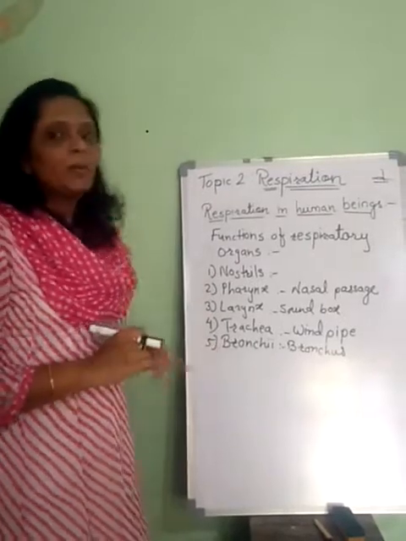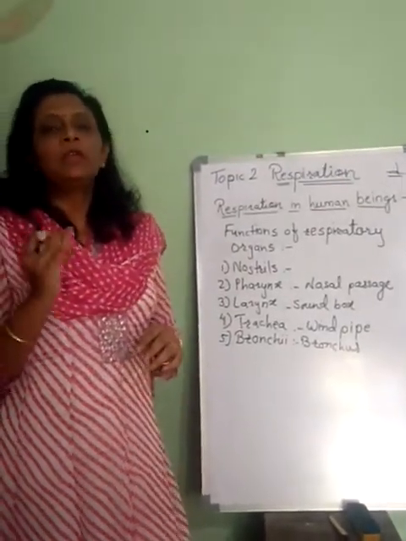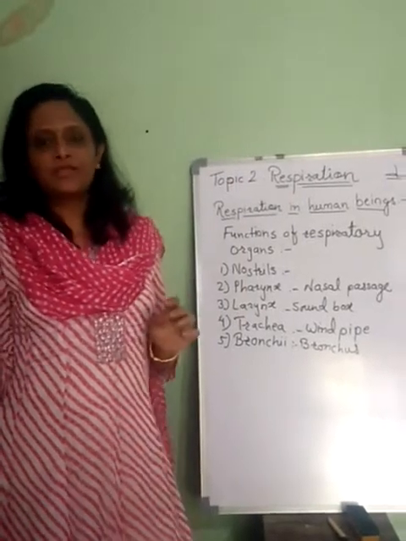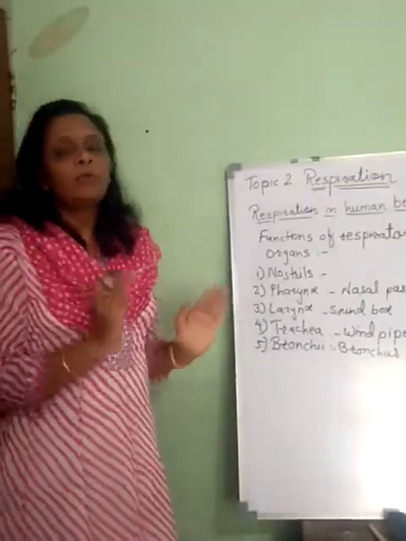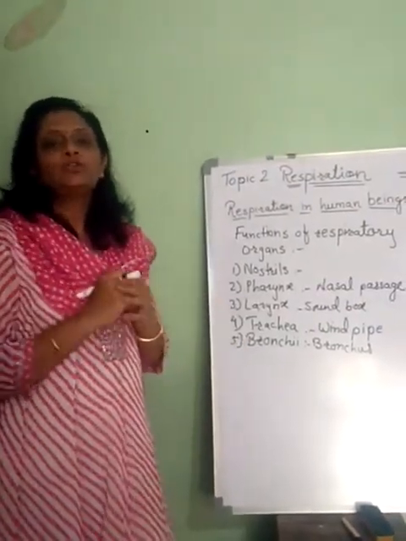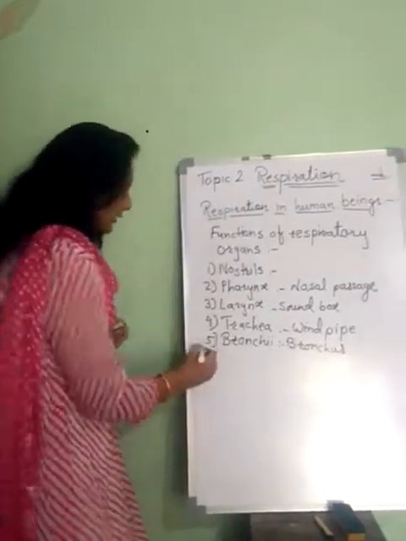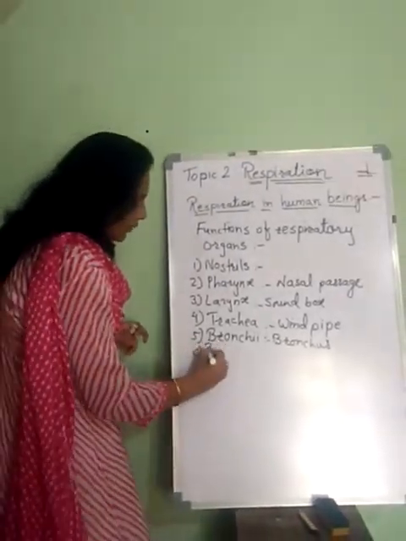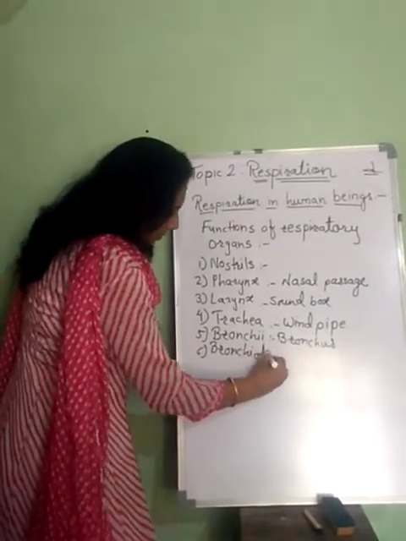Then the bronchi further divide into very small tube-like structures when they enter both the lungs, and these small tube-like structures are called bronchioles.